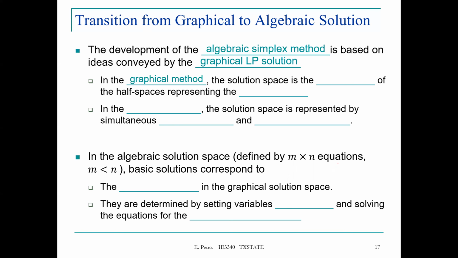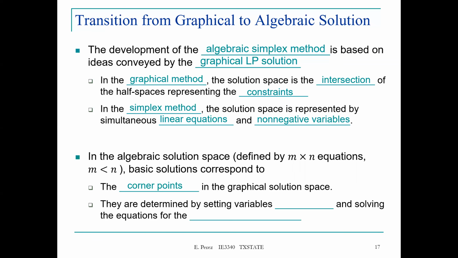In the graphical method, the solution space is the intersection of the half spaces representing the constraints. In the simplex method, the solution space is represented by simultaneous linear equations and non-negative variables. In the algebraic solution space, defined by m times n equations, m is less than n, basic solutions correspond to the corner points in the graphical solution space.